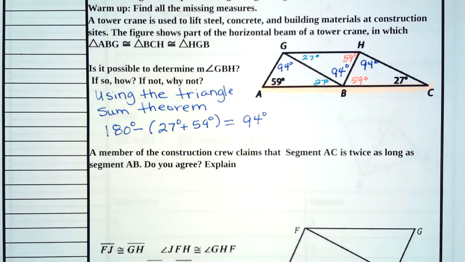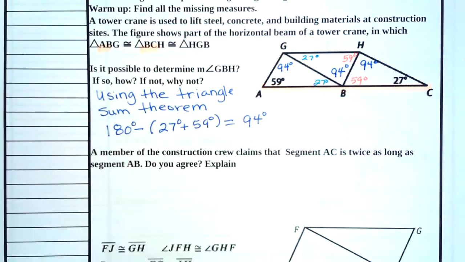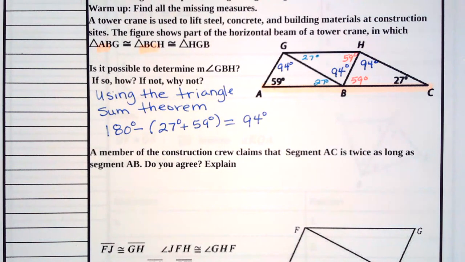If you look at the congruence statements, what do you notice? Those are both the first two letters of the triangle congruence. So if they're the first two letters, that means that those two segments have to be congruent.